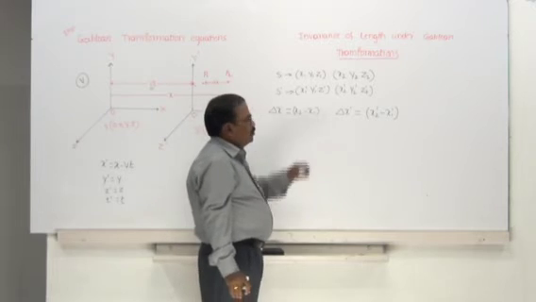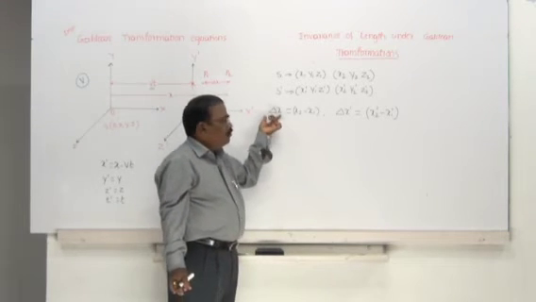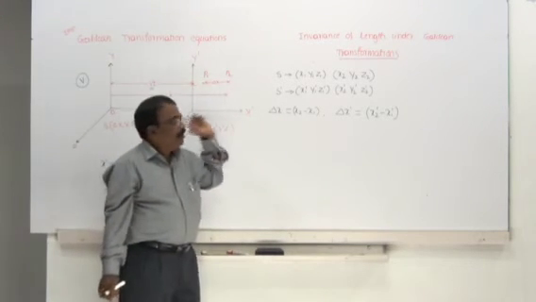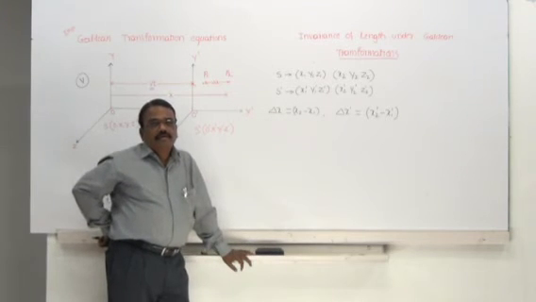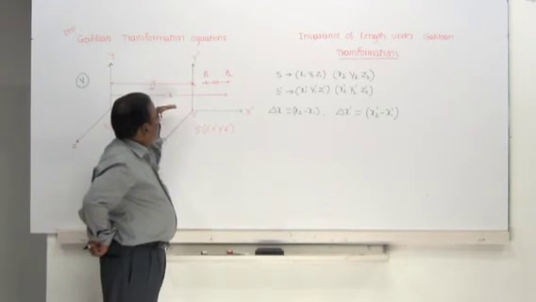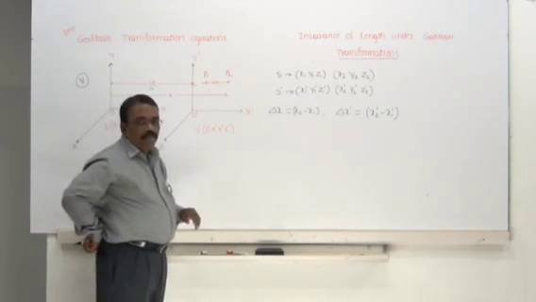So finally, this is the measurement made by S frame, and that is the measurement made by S dash frame, the moving frame. It is moving with a constant velocity v.